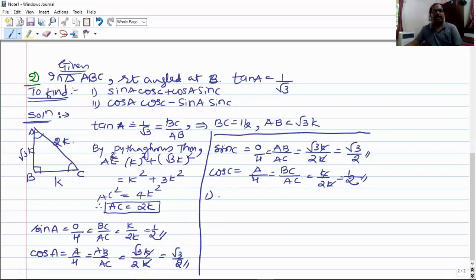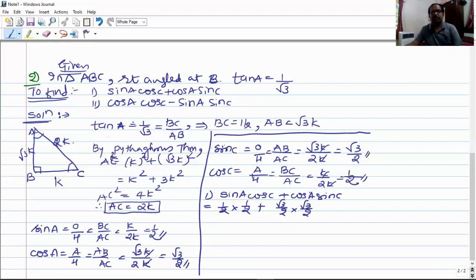Now I am able to find the values of the expressions. The first expression given is sin A cos C plus cos A sin C. So just put the values. Sin A we got is 1 by 2, cos C is again 1 by 2, plus cos A is root 3 by 2 into sin C, which is the same root 3 by 2.